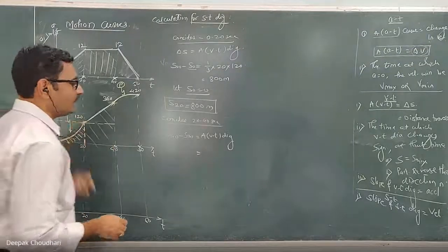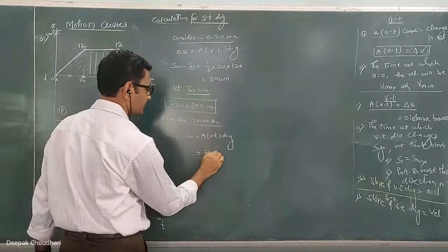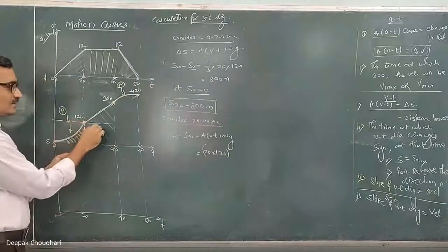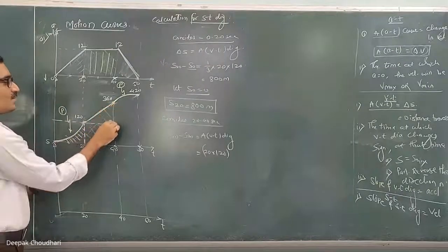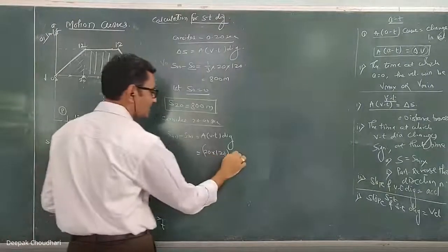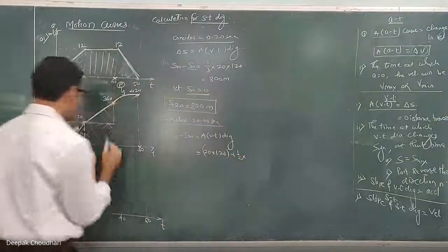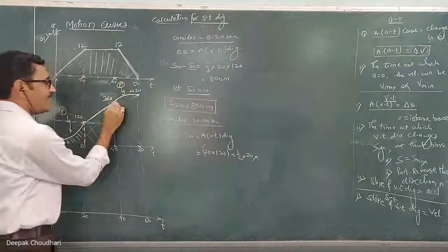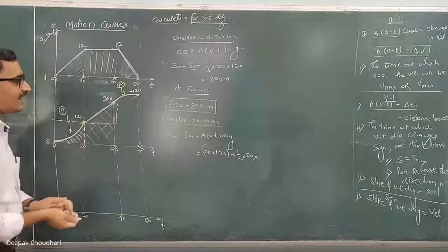So how much is the area of this rectangle? It is 20 into 120. This is 20, this is 120. So this becomes the area of this rectangle, plus how much is the area of this triangle? It is plus half into the base of the triangle. How much is the base? It is 20, into the height of the triangle. How much will the height of the triangle be?